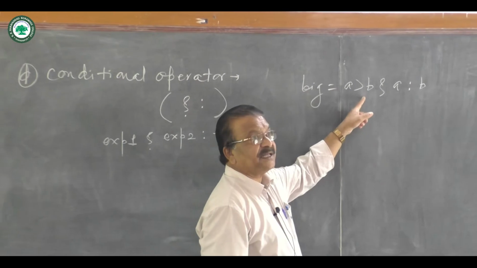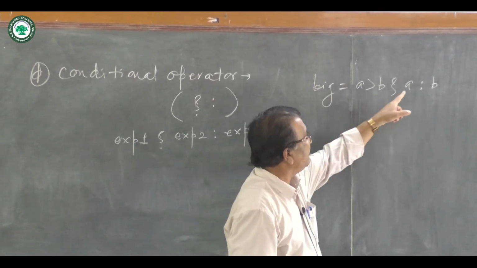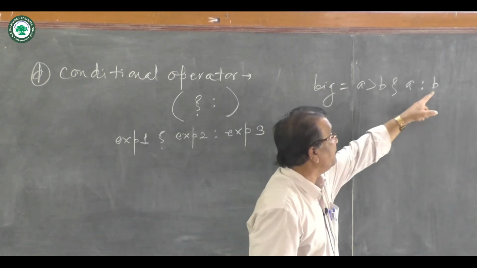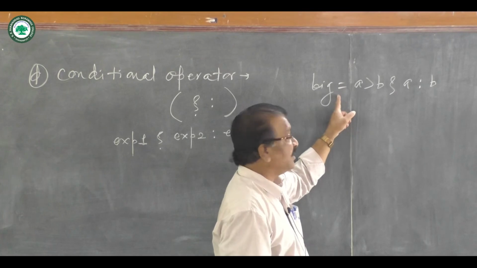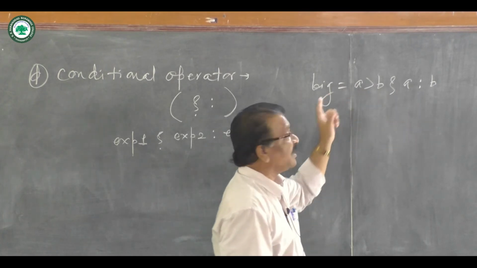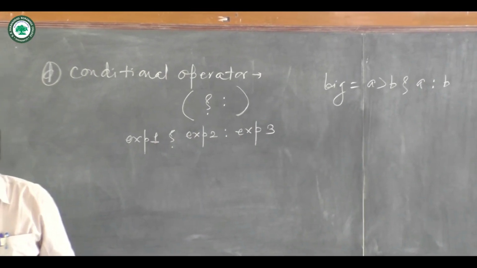If A is greater than B, that is, if it is true, then the value of A will be assigned to big. Otherwise, if this is not true, the value of B will be assigned to big. So this is what the conditional operator is.